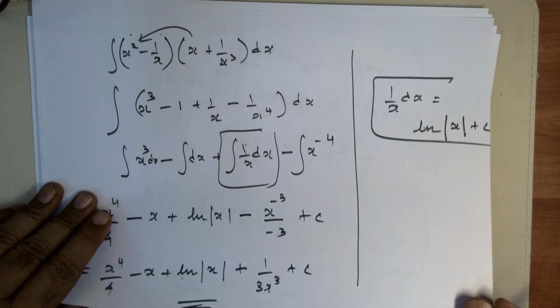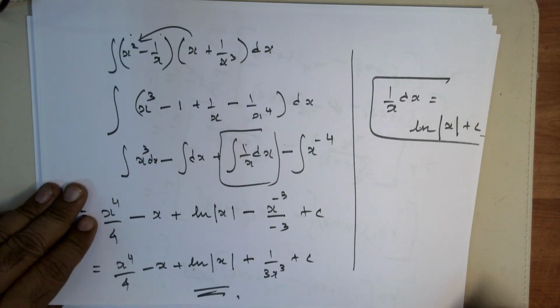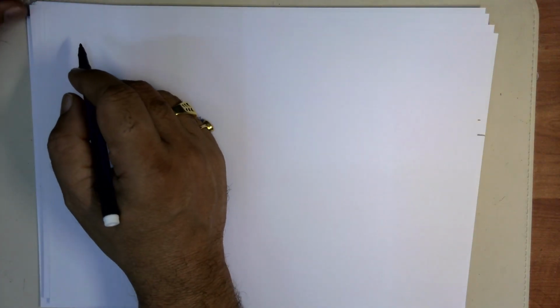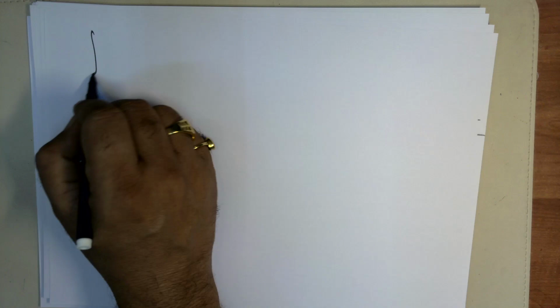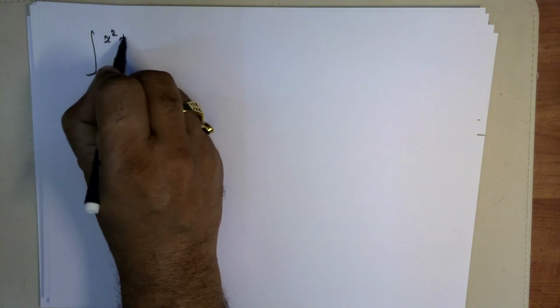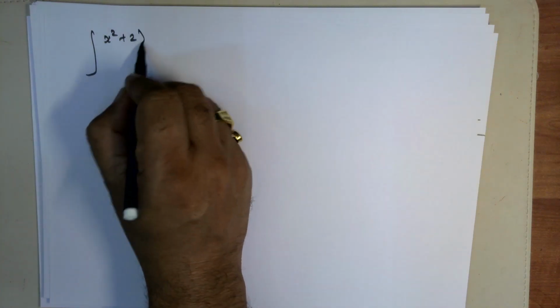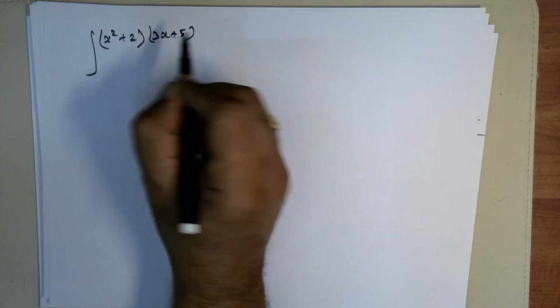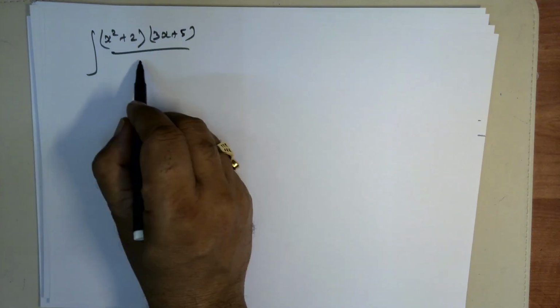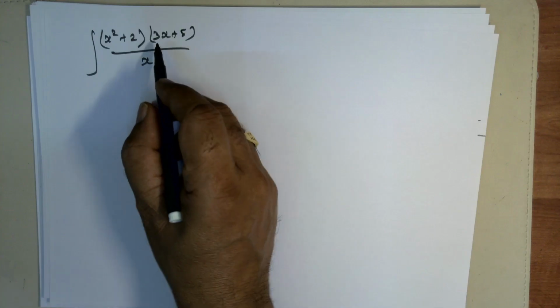Next one. Evaluate the integral of (x squared plus 2)(3x plus 5) divided by x squared dx.